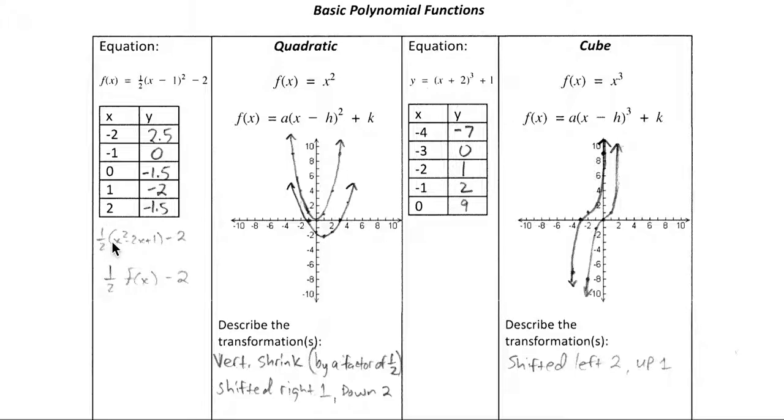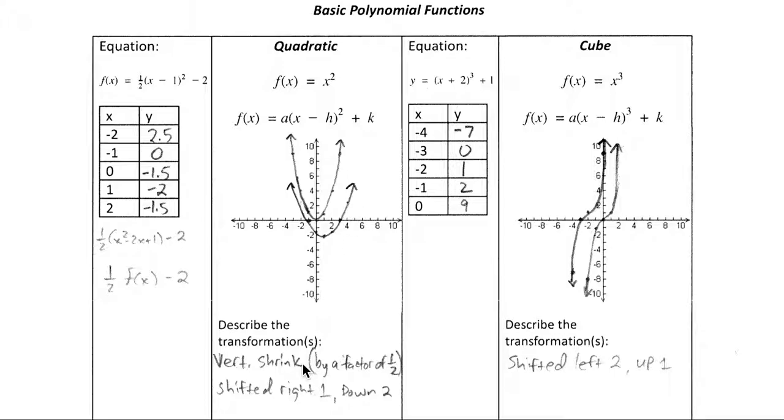So this is going to be a vertical shrink or a vertical expansion. It's either going to widen or make the graph skinny. If the a value is a fraction between 0 and 1, like it is here, it's going to shrink the graph. And what that means is if it's a vertical shrink, I'm pushing down on the graph vertically, which is going to widen our graph.